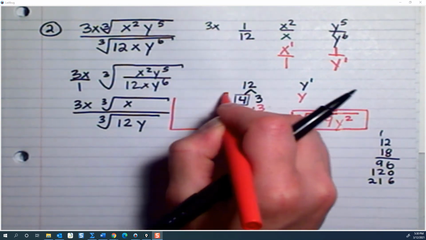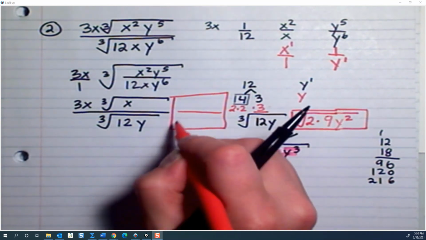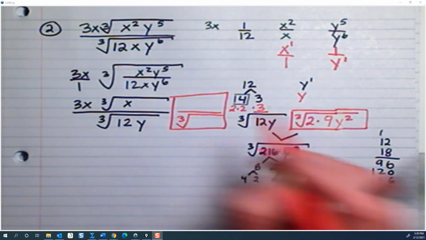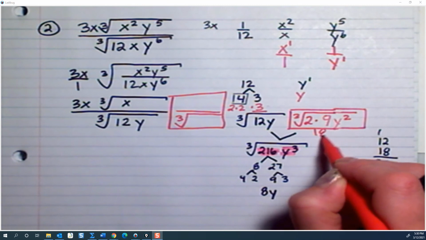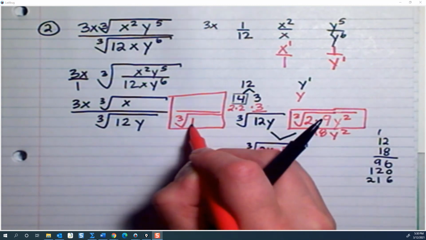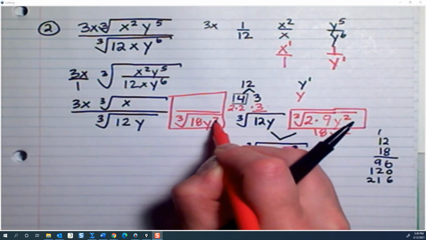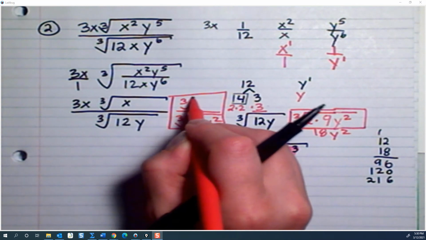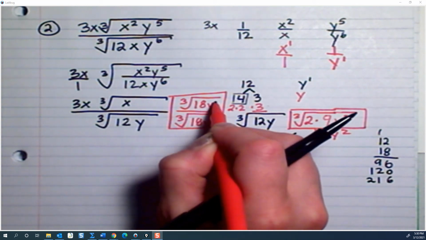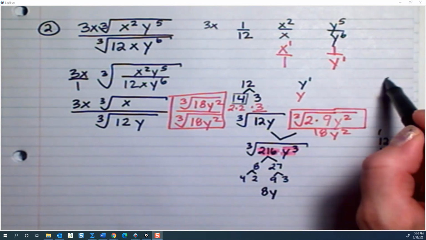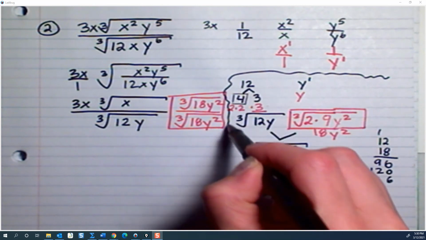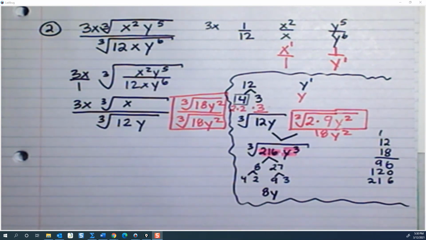All right, so let's do it. Let's multiply in this really fancy radical. Okay, so what is this number? This is 18y squared. Okay, let's simplify. I'm just going to sort of block this off. That's my figuring out how to rationalize work.